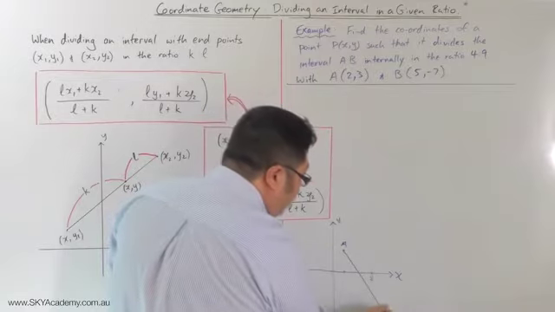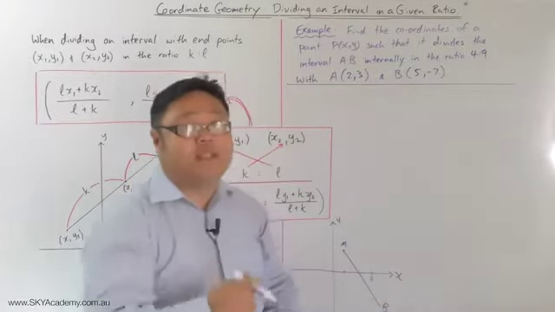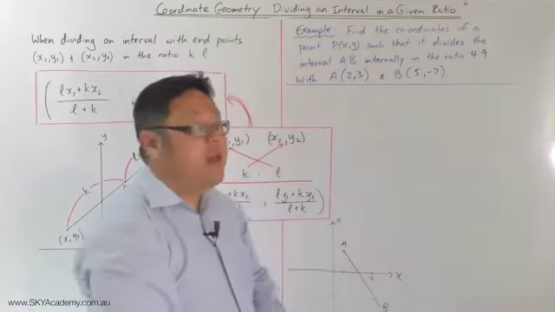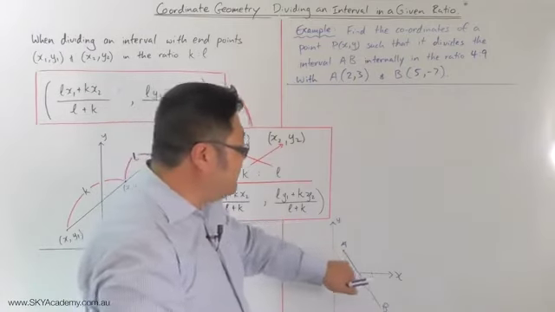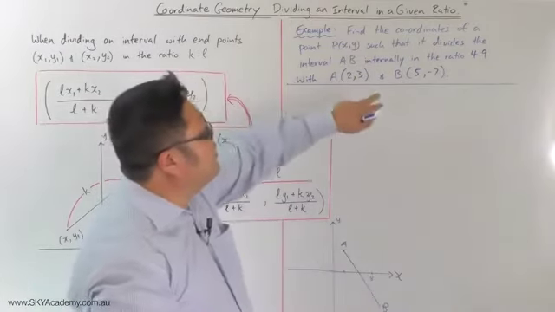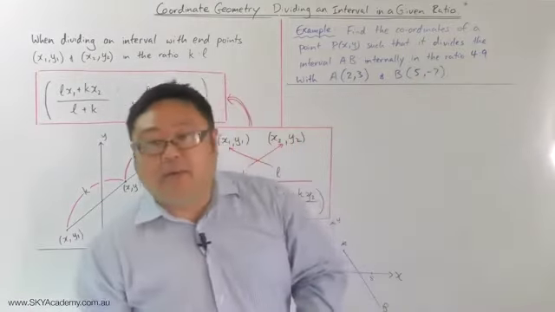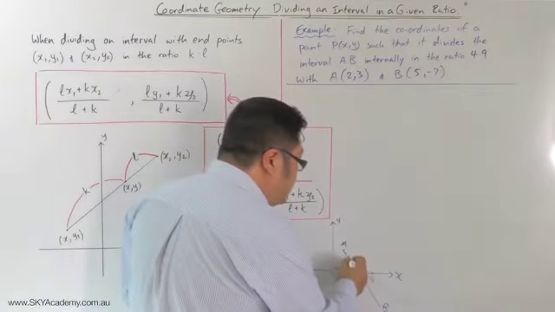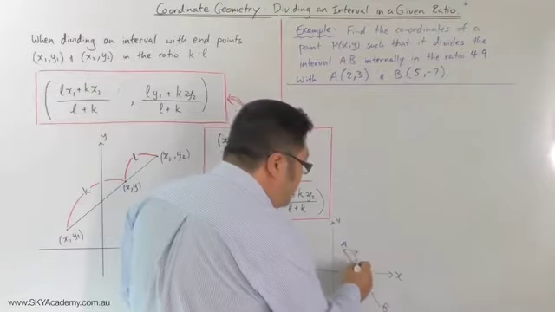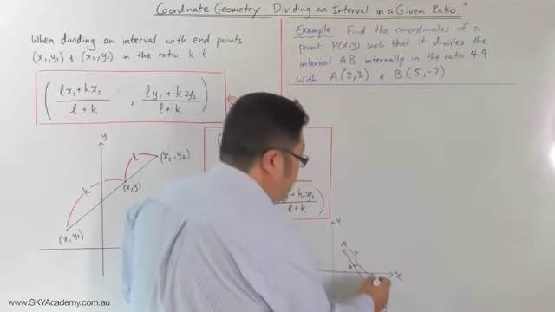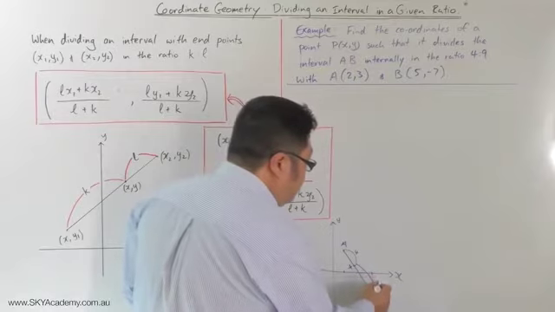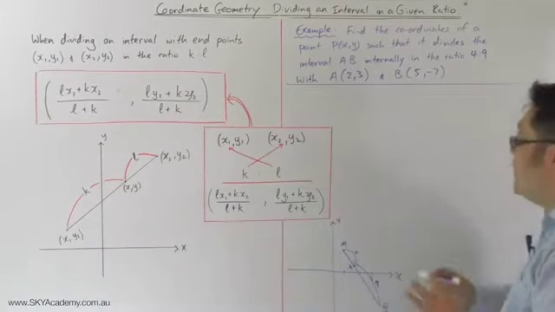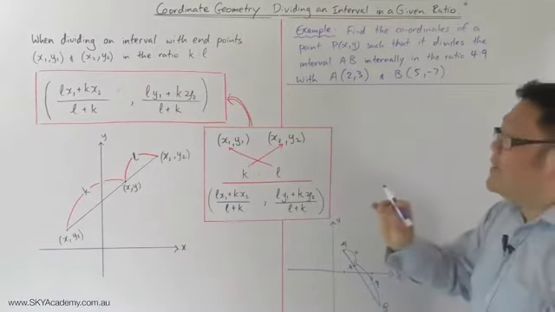So it's basically a line that looks like that. That's your interval, and we're going to divide it in the ratio 4:9. So if we have another point here, X, that is going to be 4 parts long, and that is going to be 9 parts long. Does that make sense?